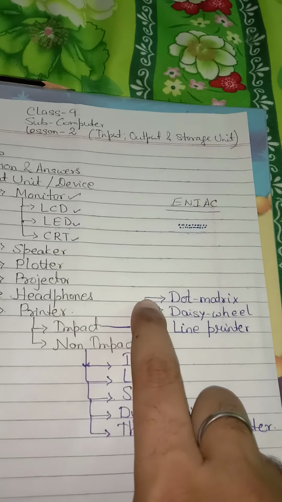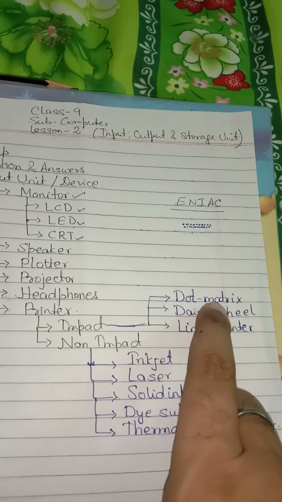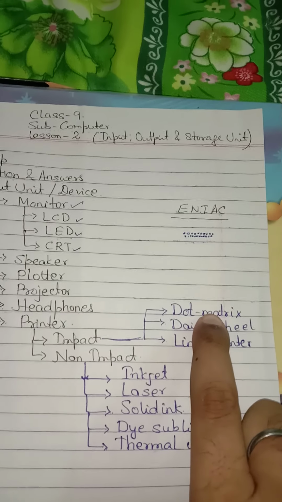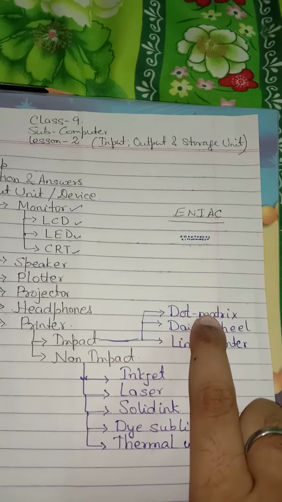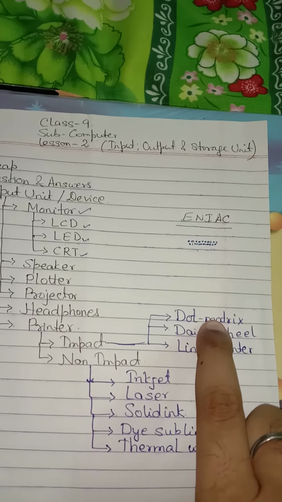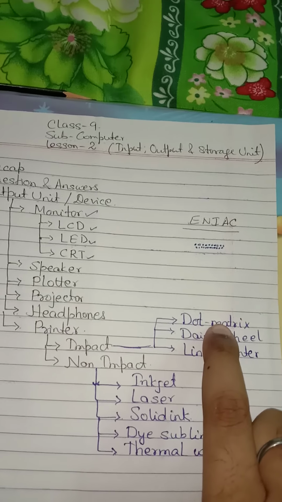The first type of impact printer that we are going to discuss is dot matrix printer. The dot matrix printers are not sensitive to dust. This means that dust generally does not have a great impact on dot matrix printers.